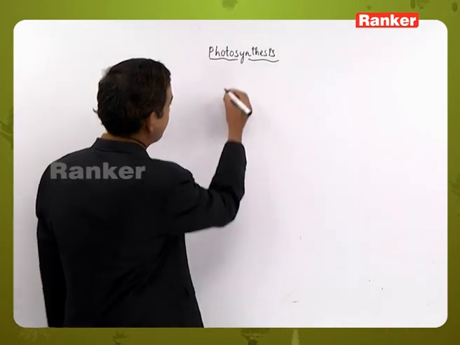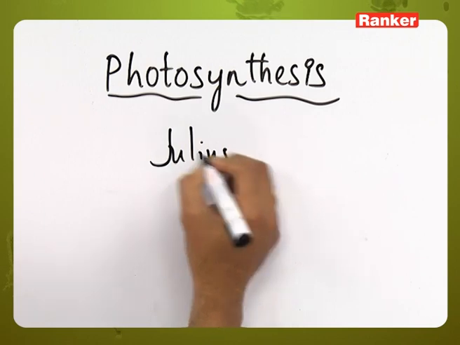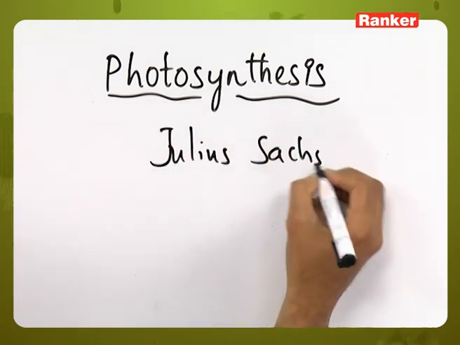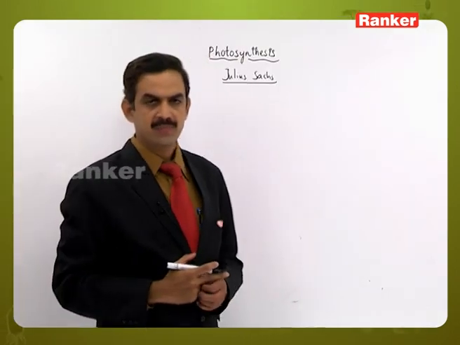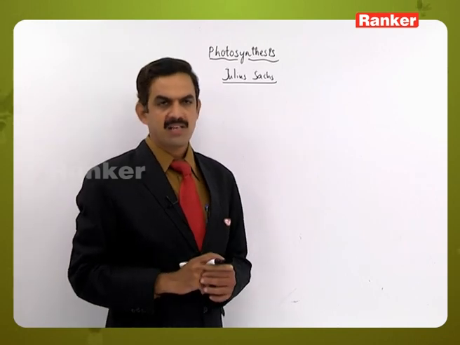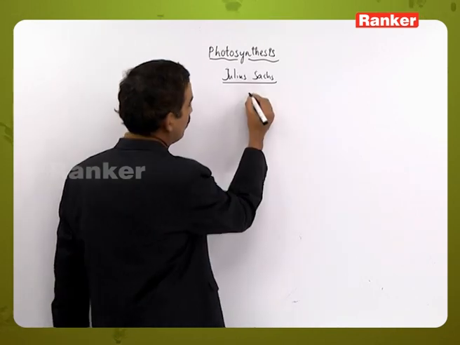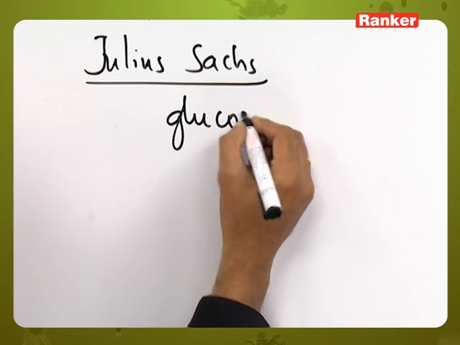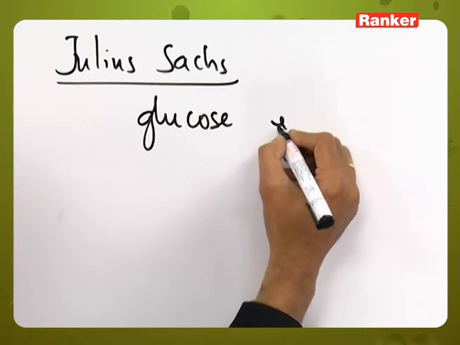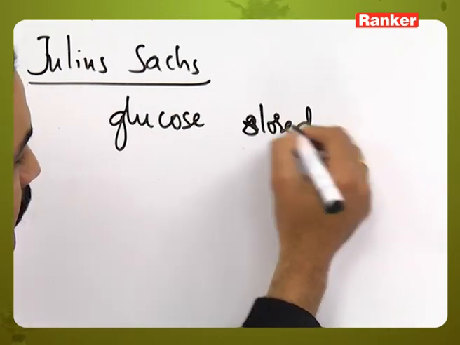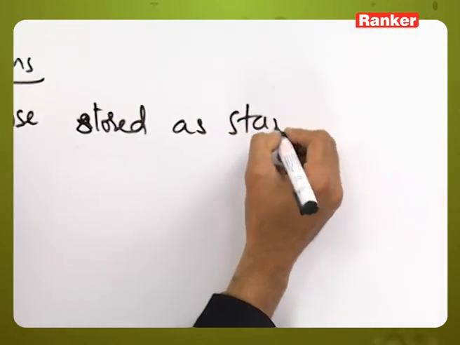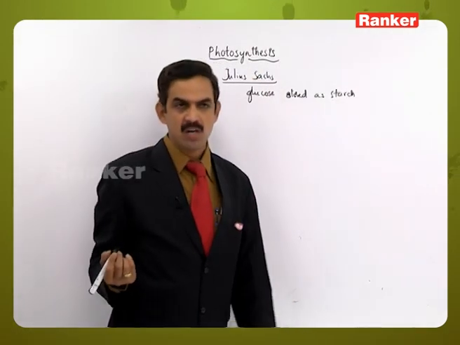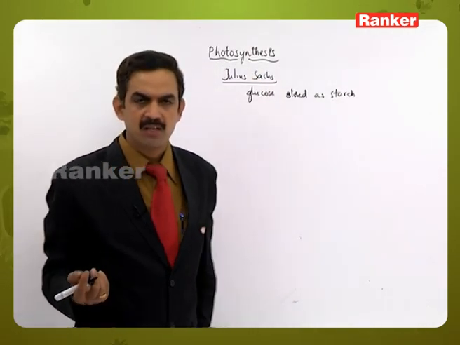Okay, next one is Julius Sachs. He confirmed that the plants produce glucose. The green parts produce glucose that is stored in the form of starch. And the green parts are present in particular structures.